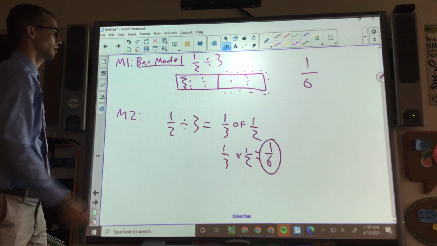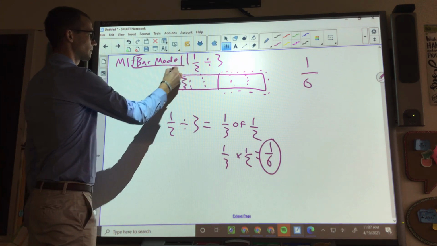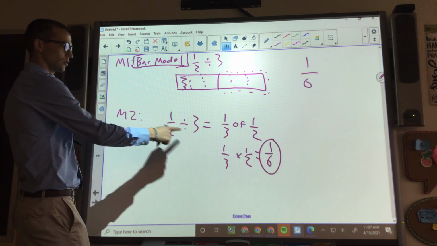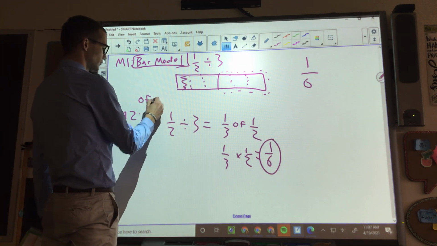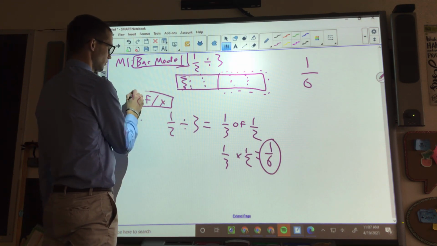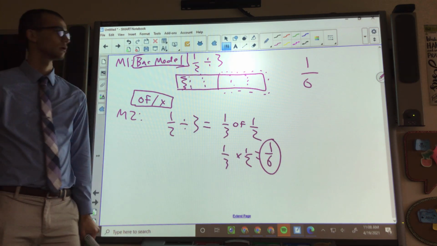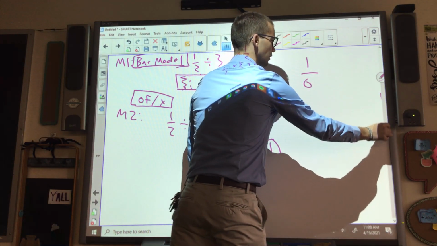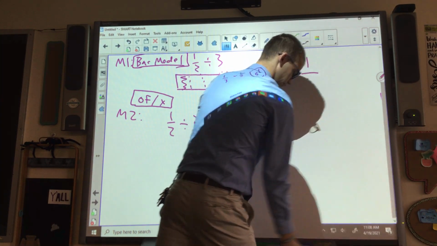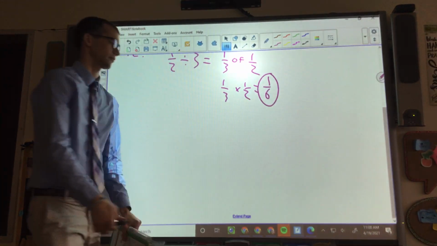So that one I'm going to call the bar model. This one I'm going to call the of/multiplication method. And method 3, which is probably, well, it depends on the situation, but kind of my preferred method.